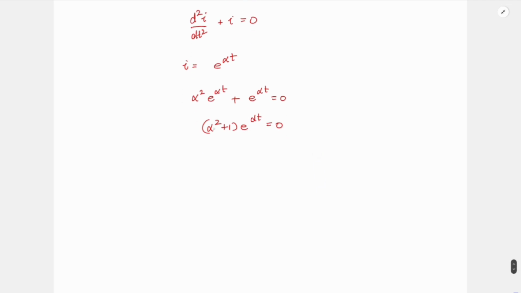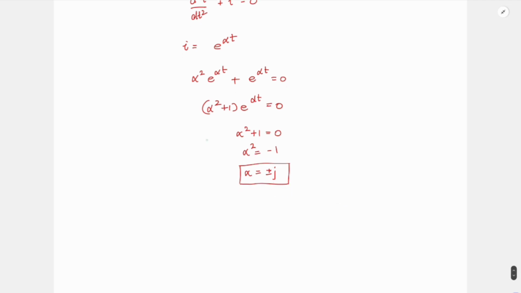E power alpha t cannot be 0, so this term should be 0. So alpha square plus 1 equal to 0, which means alpha square is equal to minus 1, so alpha is equal to plus minus j. Once I have this, I can write I as some a1 e power jt plus a2 e power minus jt. So this is my I of t.